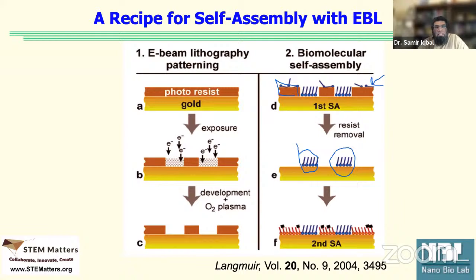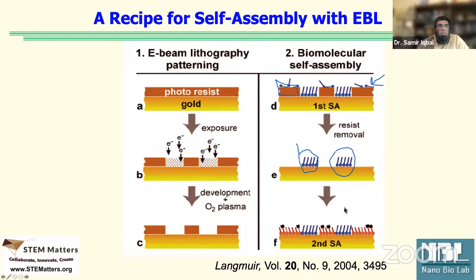Think about the DNA chip that we talked about, right? So we can place very small droplets, very small areas of specific genes that we are looking for, probe molecules. Remember that with E-beam lithography. Now, here it is showing that in the next step they put a red molecule.